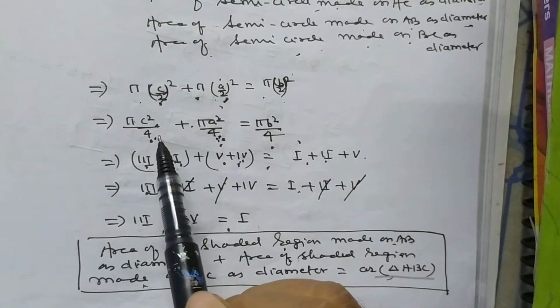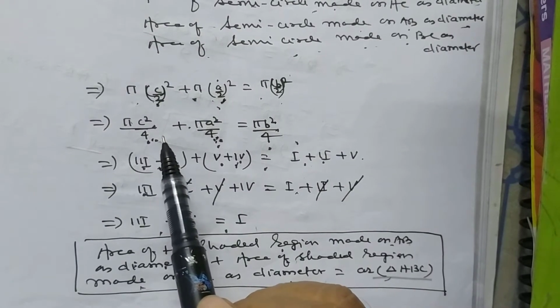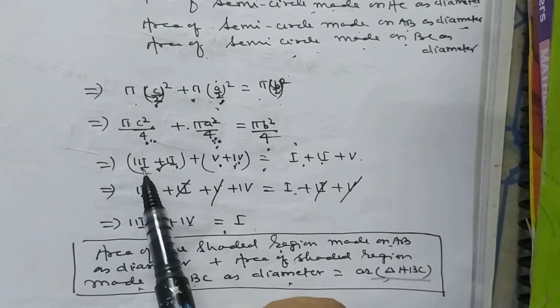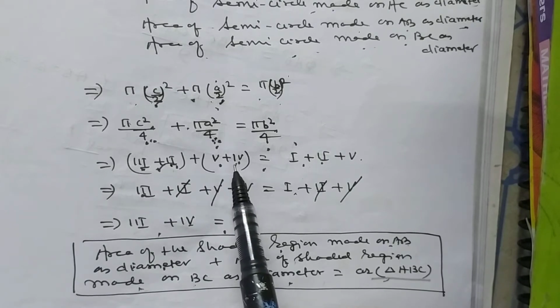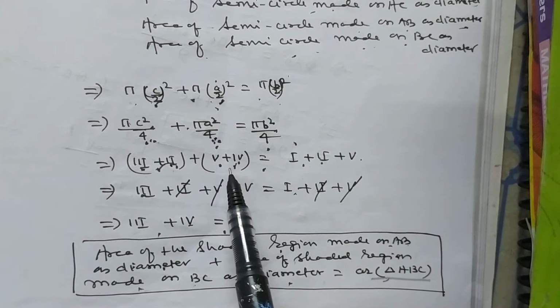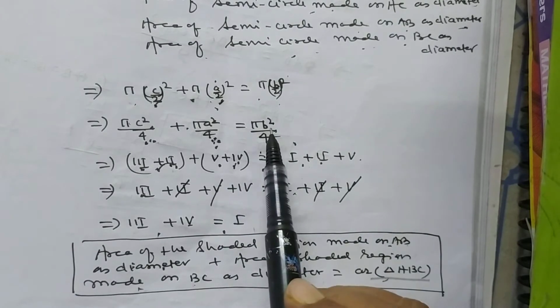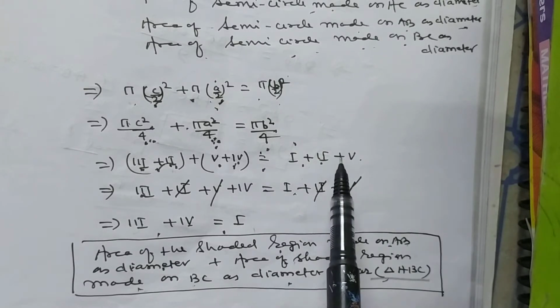Now you write pi C square by 4, that is the area of the semicircle made on AB as diameter, is 3 plus 2. The area of the semicircle made on BC as diameter is 5 plus 4. The area of the semicircle made on AC as diameter is pi B square by 4.